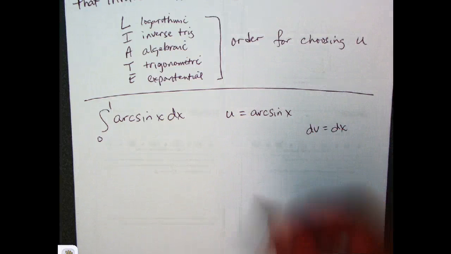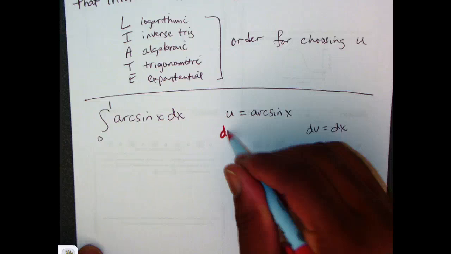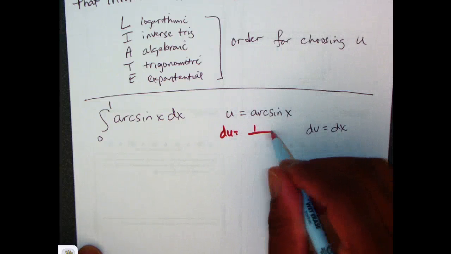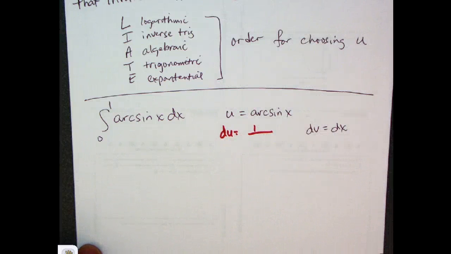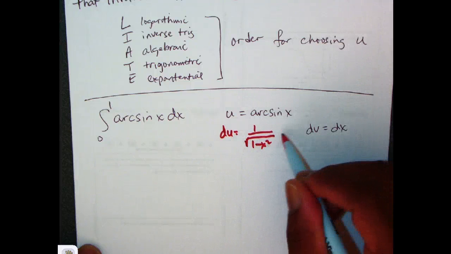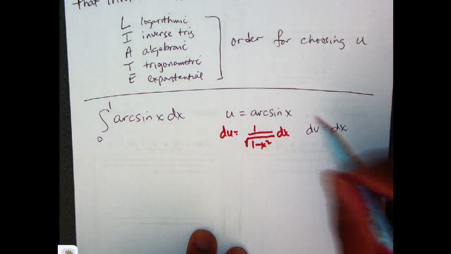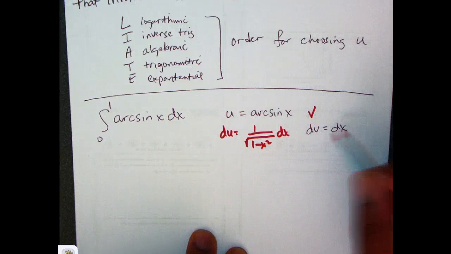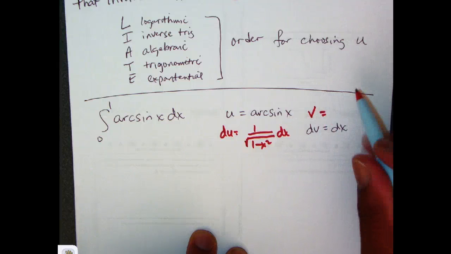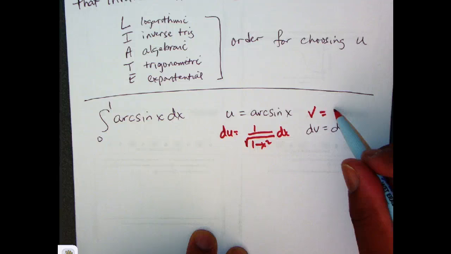Okay. So if u is arc sine of x, then du is equal to 1 over the square root of 1 minus x squared dx. And if dv is dx, then the antiderivative of dx is just x.